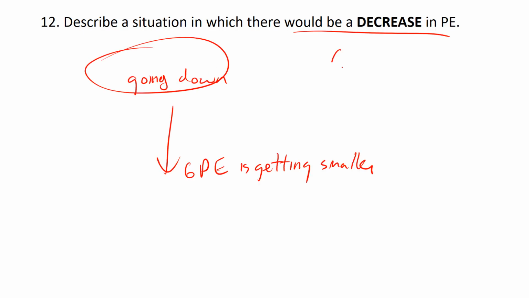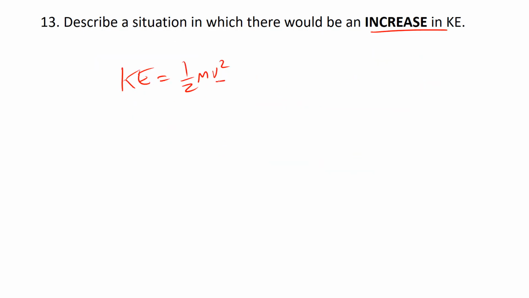I probably should do that over here. So remember, GPE equals mgh. So if you were going down, that was getting smaller. Okay, back to this, the velocity. So if you were slowing down, any sort of slowing down right here, if you have that v going down, then you're going to have, actually not slowing down, that's going to be increasing. So I should have read this. You're looking for an increase, so speeding up, not slowing down for this problem.